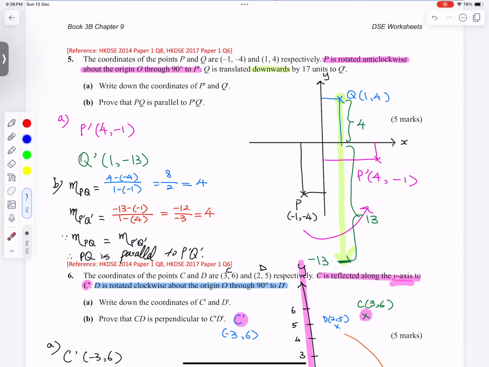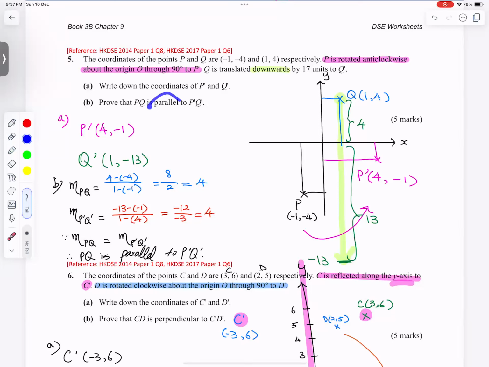So that's the basic types of rectangular coordinates. You will be given the original things, and then you might have to rotate it, reflect it, or even translate it. Any of these options, and then afterwards you find new coordinates. And then part B is usually using either of the 2 points, find their slopes.